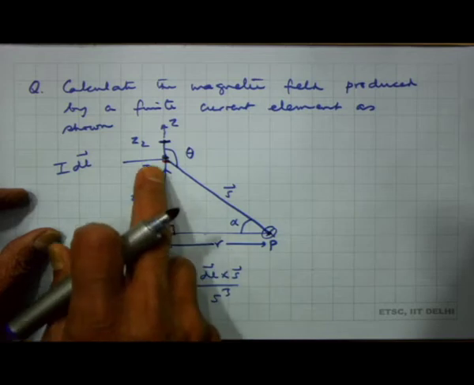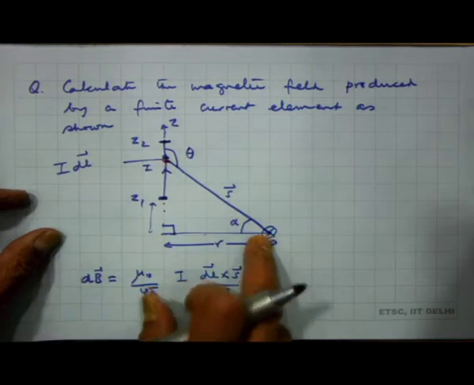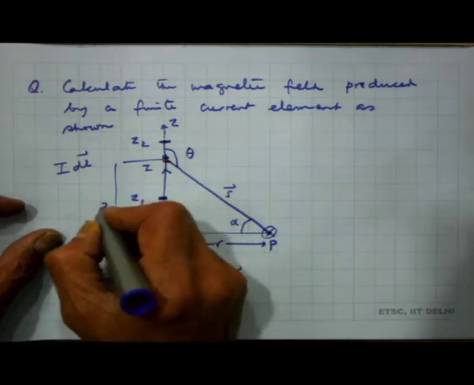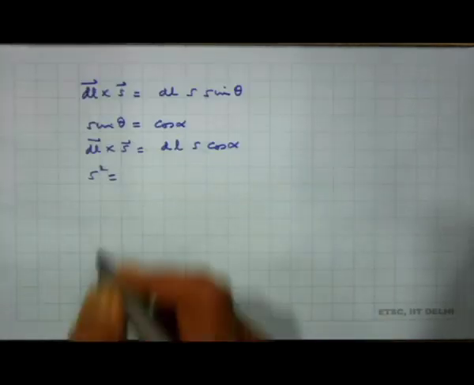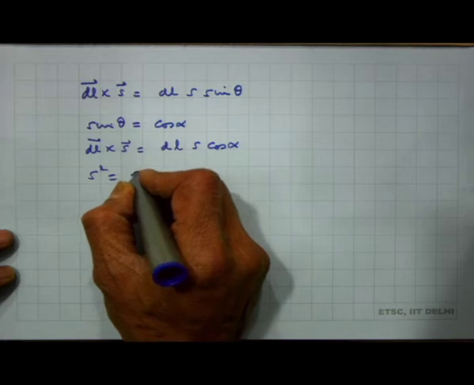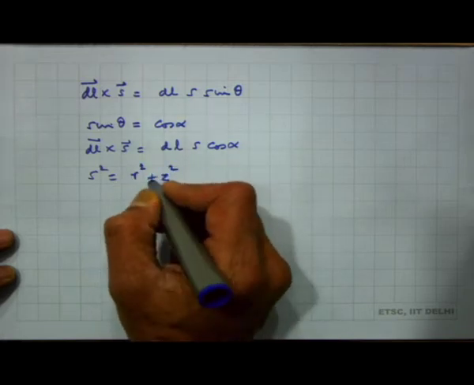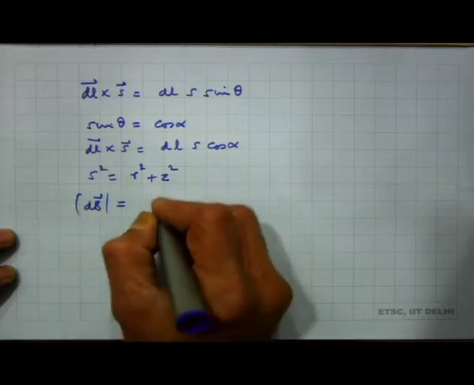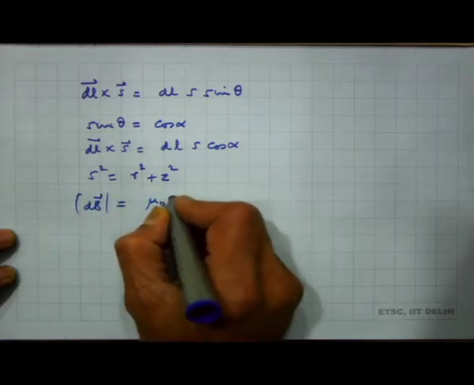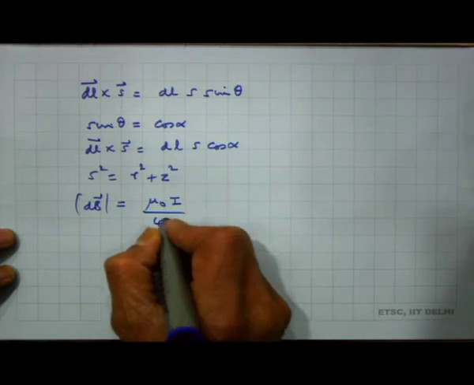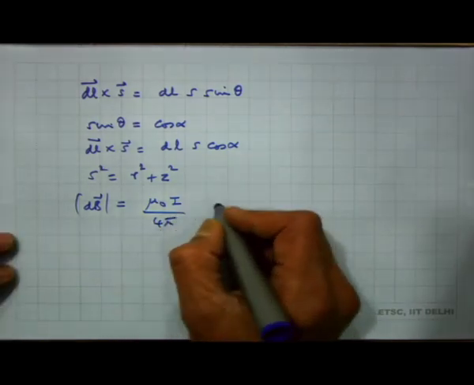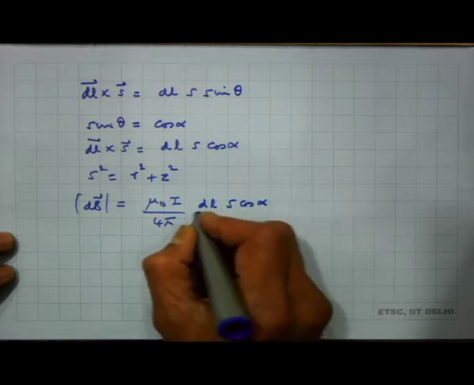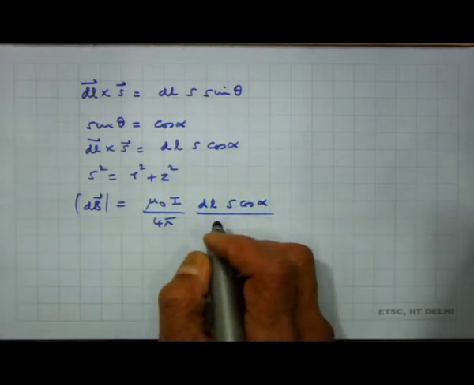and s square is equal to, now what is s? The length from here to here, s square is r square plus z square. So, this has a coordinate, I am assuming as a coordinate z. So, s square is equal to r square plus z square. So, dB magnitude is nothing but mu naught I by 4 pi, dl cross s, which is dl s cos alpha divided by s cube.